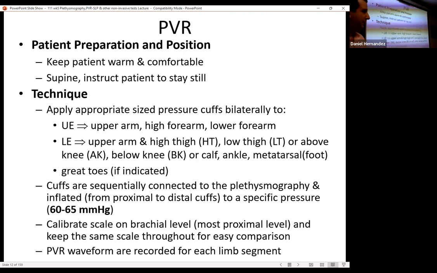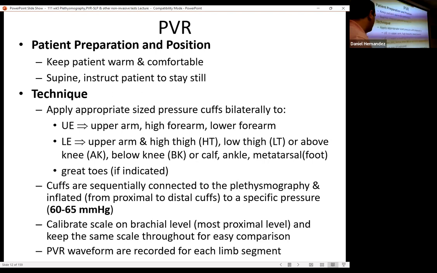So we have a little toe cuff that we could use, or we could just put our little PPG sensor on there as well, with double-sided tape. Those cuffs for this portion of the exam usually inflate to about 60, 65, maybe 70 millimeters of mercury.